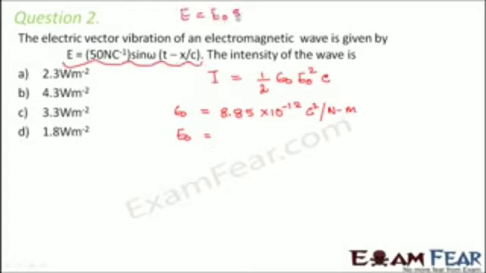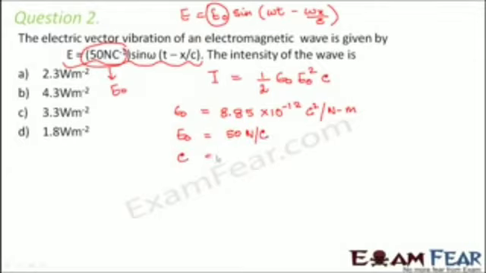E is equal to E naught sine omega t minus omega x by c. Right? So here you see the value of E naught is basically this value. So 50 Newton per Coulomb is the value of E naught. And the value of c is 3 into 10 to the power 8 meter per second. So now we know all the values.